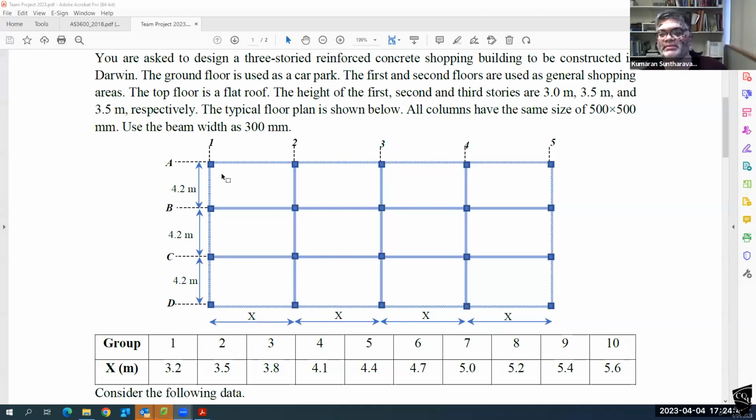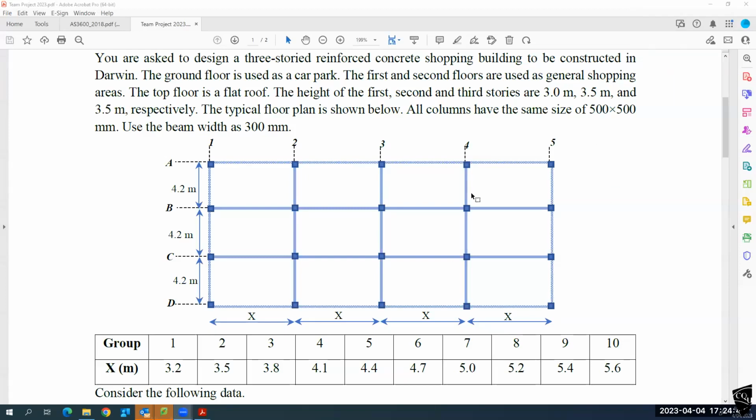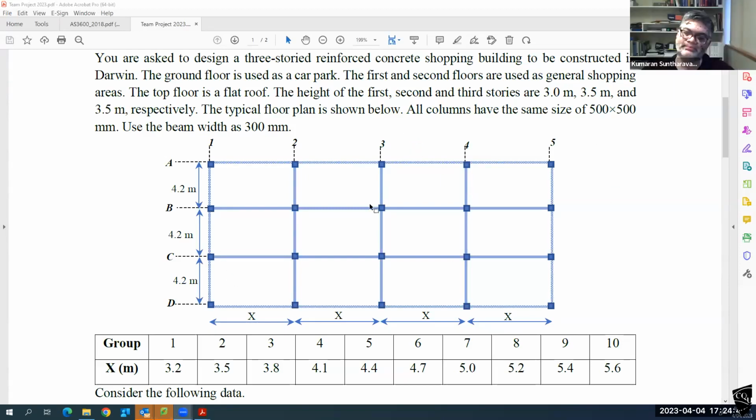Do you need to design the whole slab or just one? We have 12 panels, sir. So this is the slab, and you need to design this whole slab.